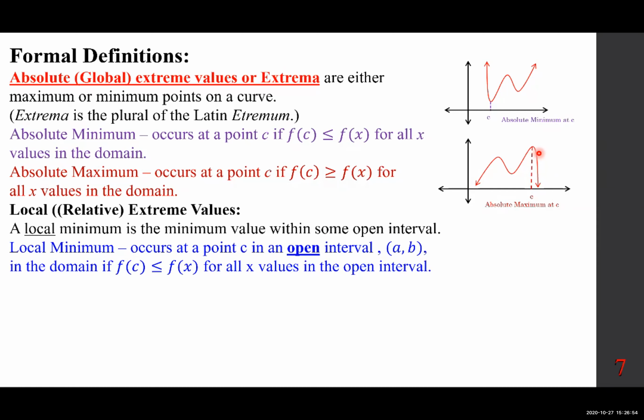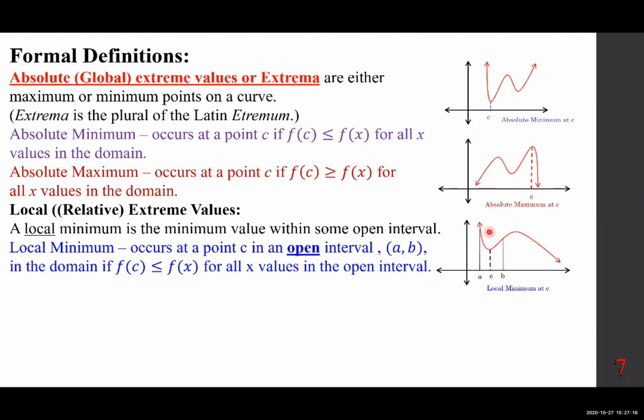When we say local or relative, it refers to the functional value being the largest or smallest in some open interval, an open interval of a to b. That's why we have these lines a and b. This is a local min. This is a local max.